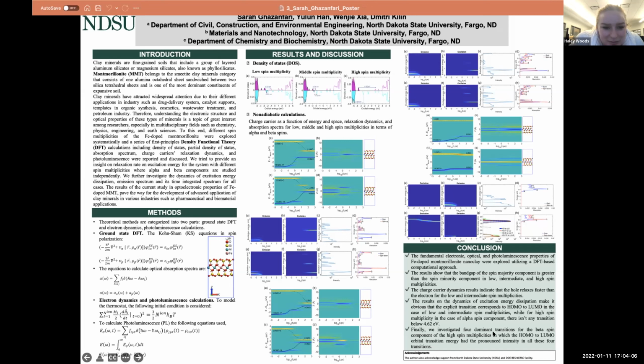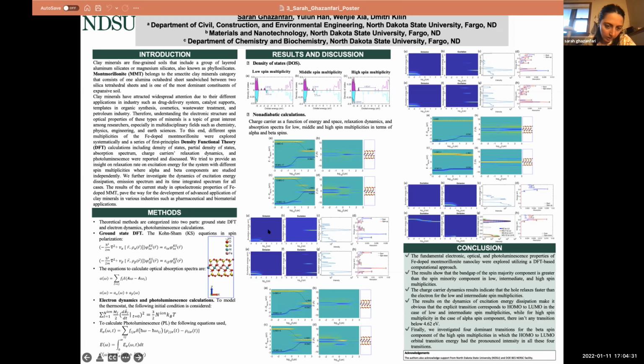So the blue plots are like emission spectra, right? The blue plot, you mean this one, the purple one? Yeah, these plots are actually the relaxation dynamics plots.